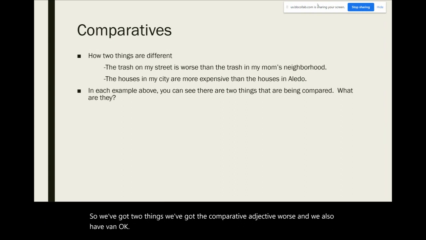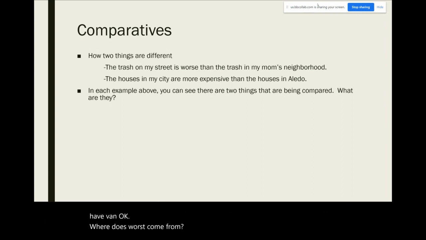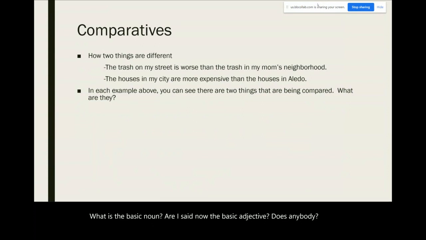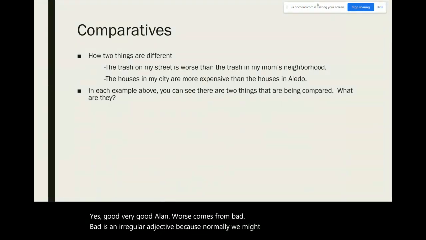Where does worse come from? What is the basic noun? Or I said noun, the basic adjective. Does anybody know? Yes. Good. Very good, Alan. Worse comes from bad. Bad is an irregular adjective because normally we might just add er to the word.